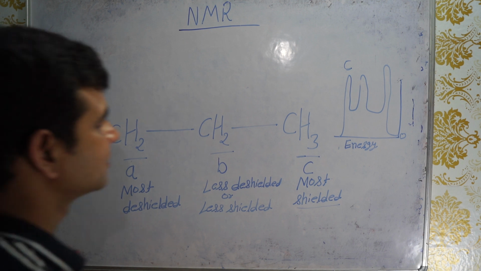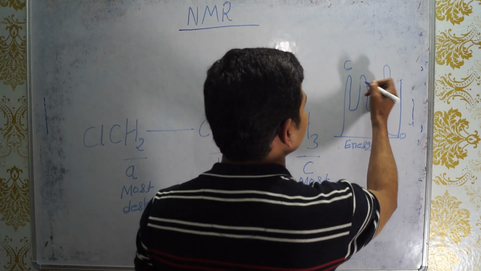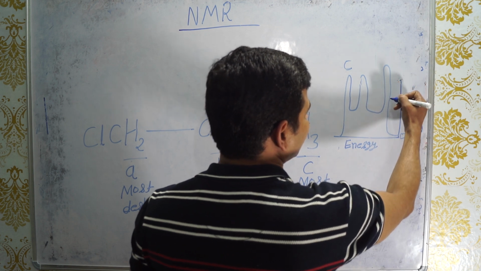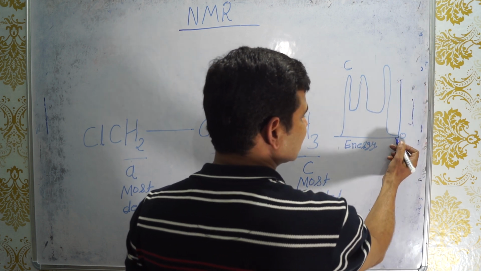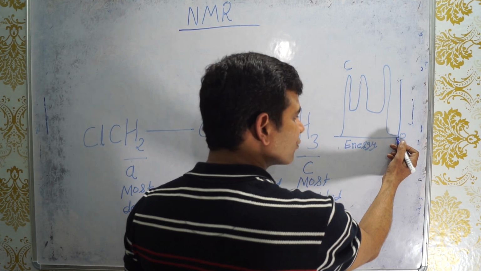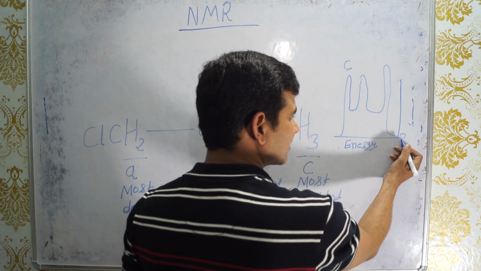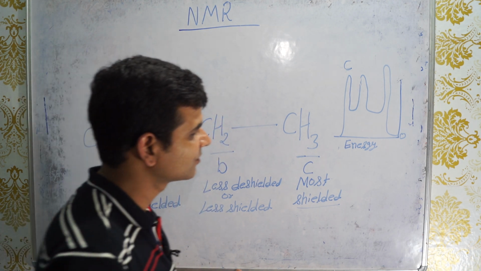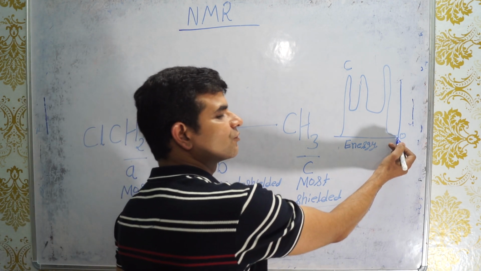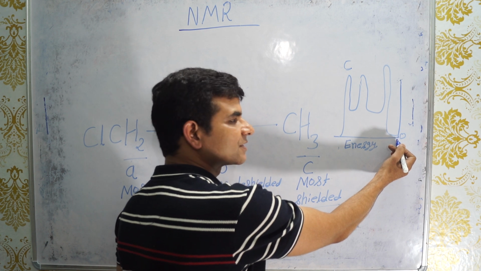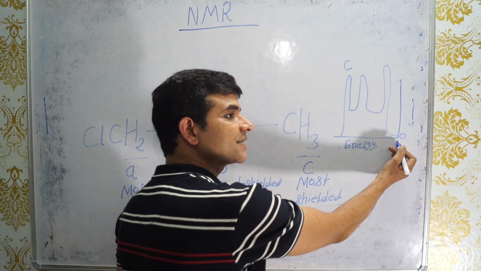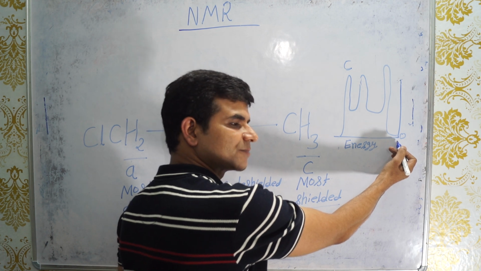Now let's discuss this peak. This peak is closest to the 0 mark. We have also discussed in the previous video that the peak closest to the 0 mark represents the hydrogen atom which has taken less energy to go into beta spin.